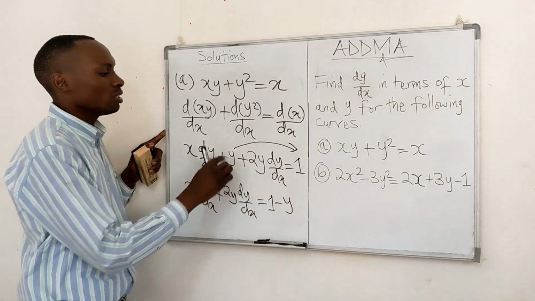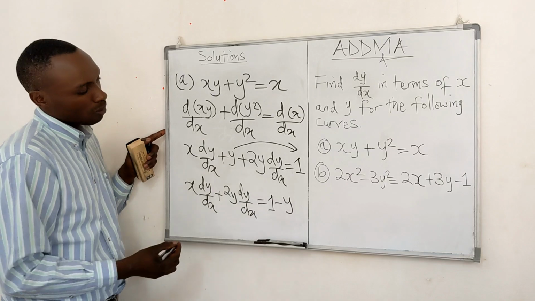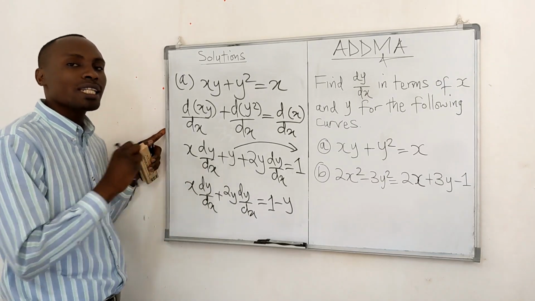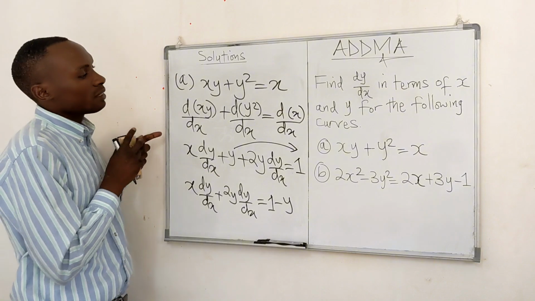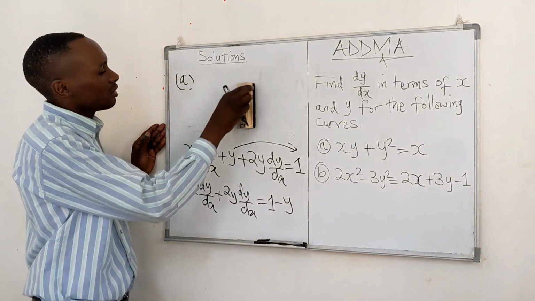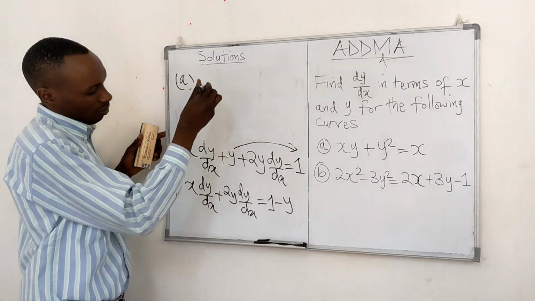This is because when y crosses over to the other side, it becomes negative. And then here we are going to factor out dy/dx.